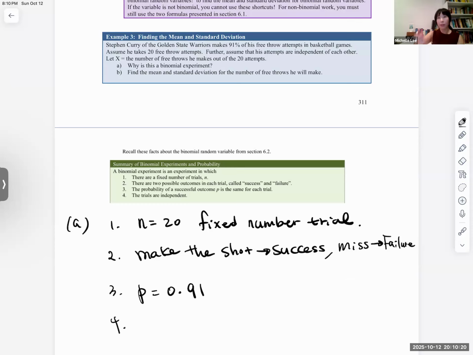Number 4, they said independent. So first shot he makes, second one he misses, or first one missed, second one he makes. Independent, right?